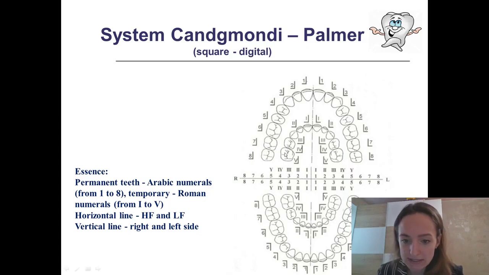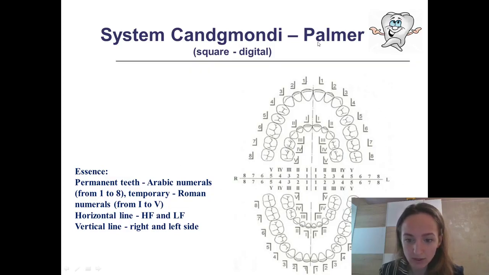Okay, here you can see the temporary teeth and permanent teeth, and the numerals of these teeth, horizontal line, and vertical line.